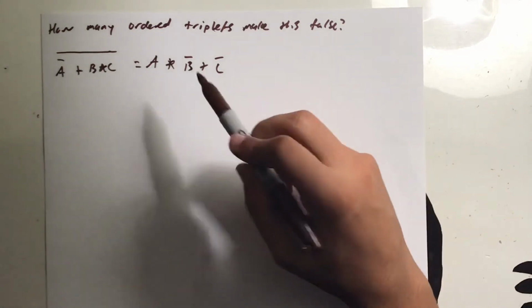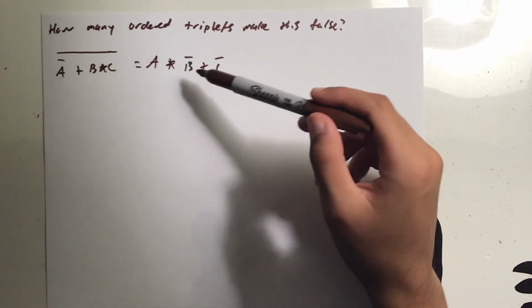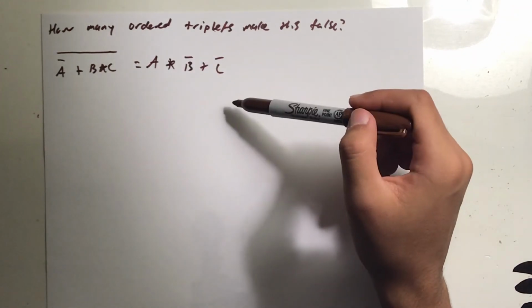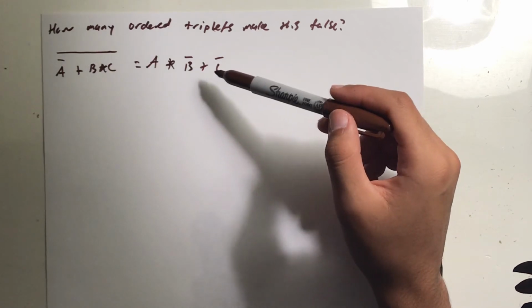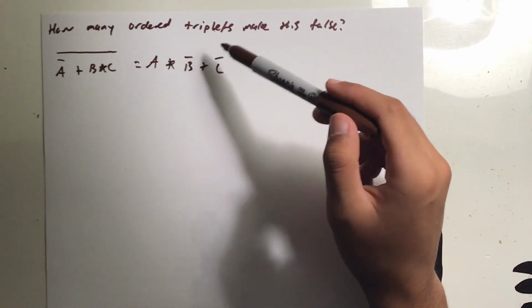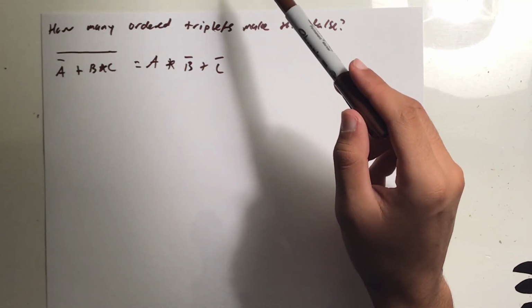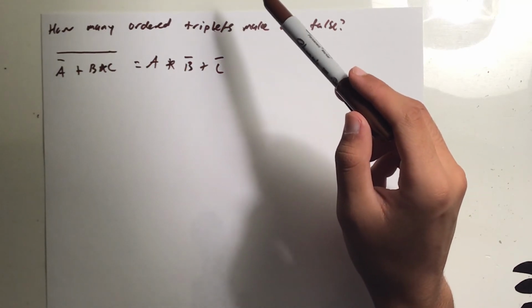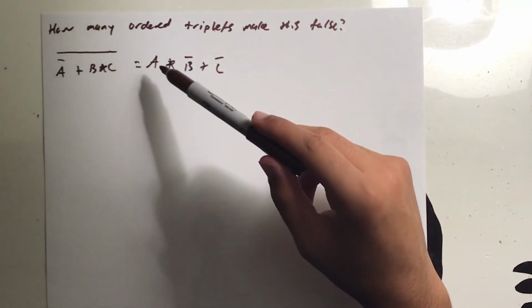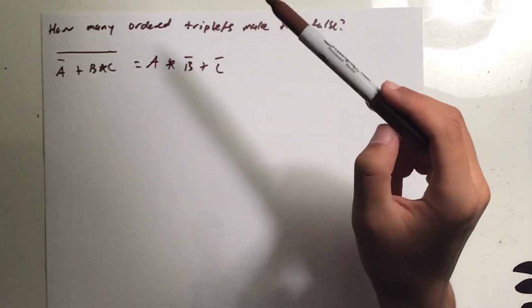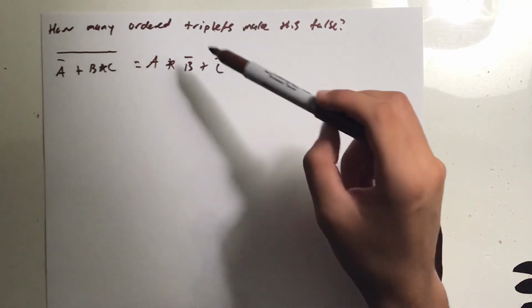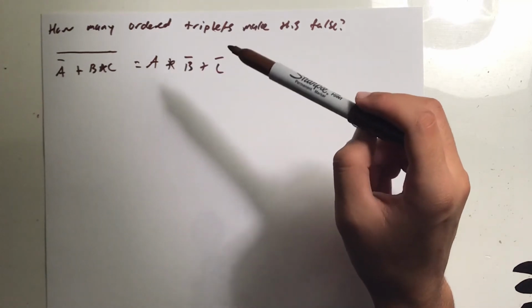So we know that we're anding A and not B, and then we're oring not C. But the thing is, if A is false, then at least in this case the whole thing's going to be false.